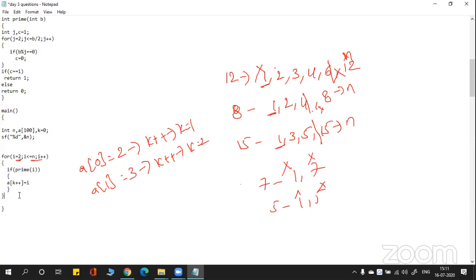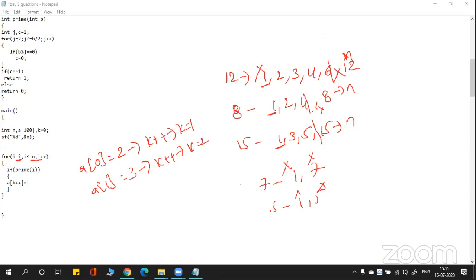Can anyone tell me how can I find array size? You have stored all the elements. Now if I want to access all those elements, it is starting from 0, I know. Then how can I find this array size? It's very easy.